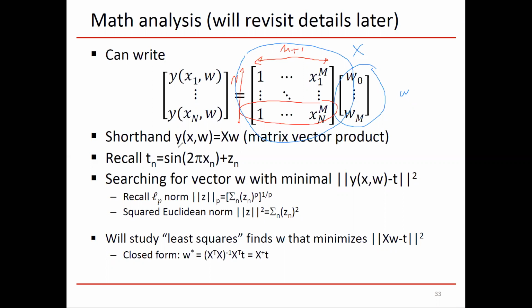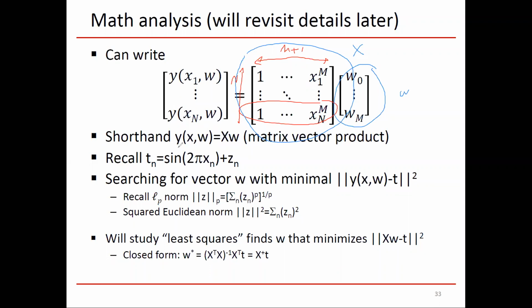Recall that the truth t is sine of 2 pi xn plus zn. We're going to search for a vector that minimizes the squared L2 norm between y and t. y are the hypothetical explanations using the weights w, t are the actual observations.